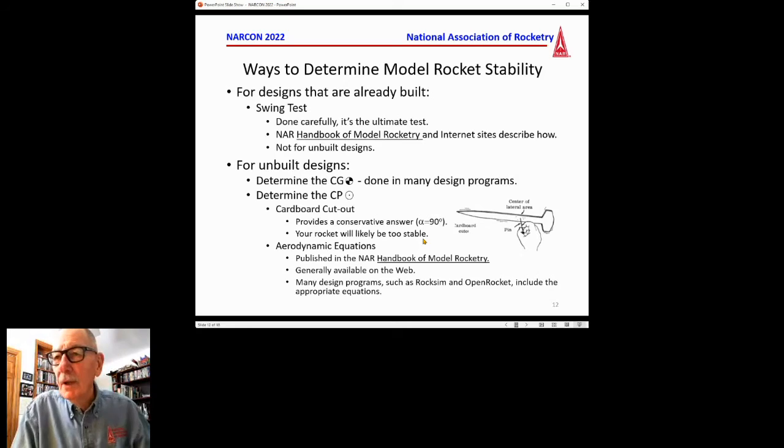There is a question, Alberto de la Iglesia asked, well, where does the 1 body diameter margin of stability come from? It doesn't come from anything, just experience. We understand from experience that 1 body diameter is about the right thing.